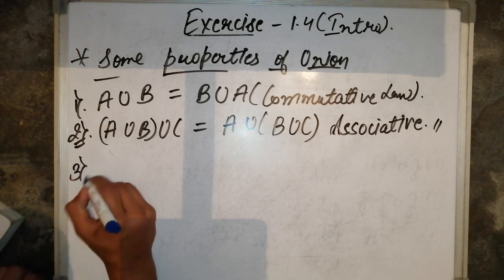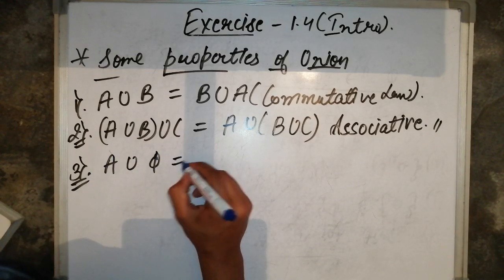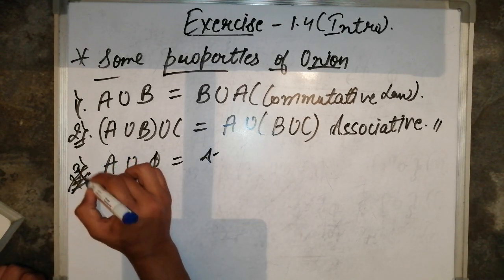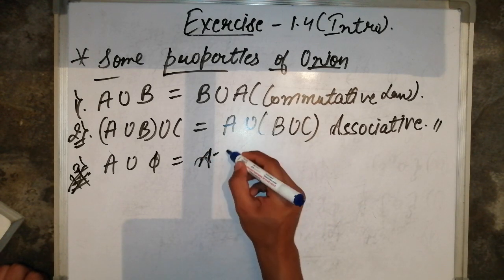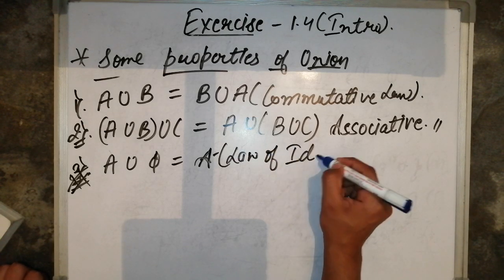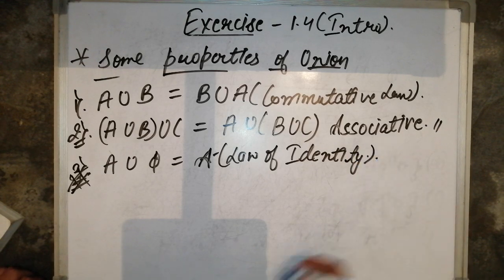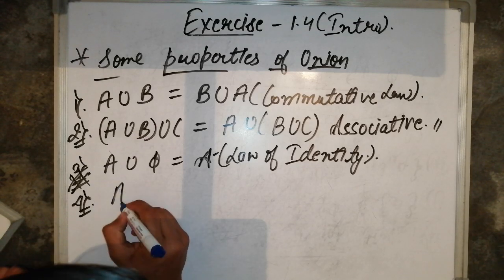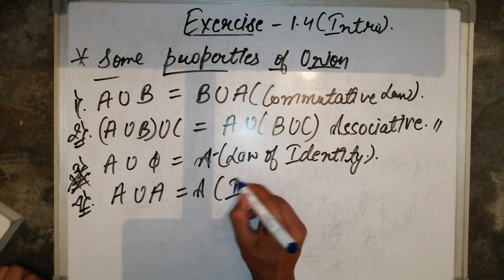Third law is A union phi gives A. This is a very important law. It is known as the law of identity. Now let's talk about the fourth law. A union A is equal to A, the idempotent law.